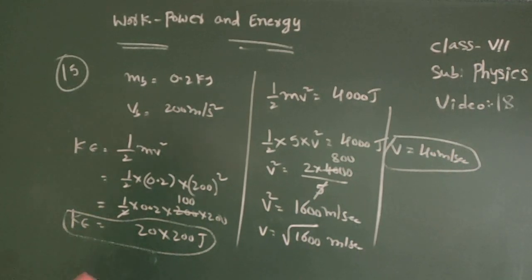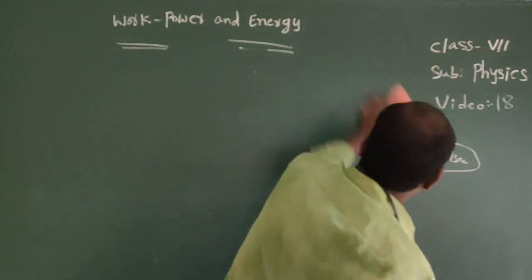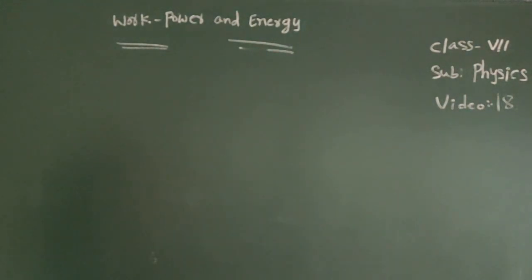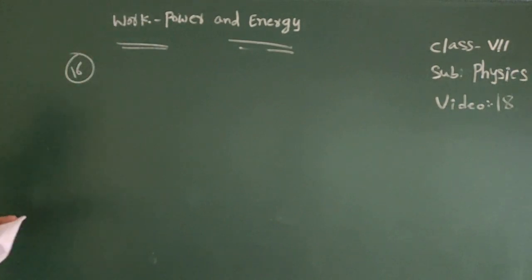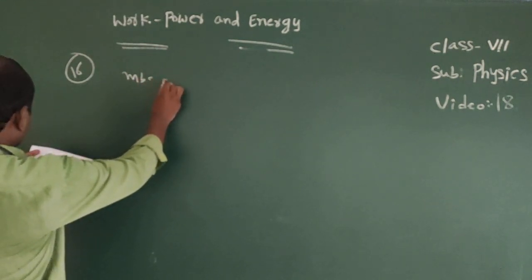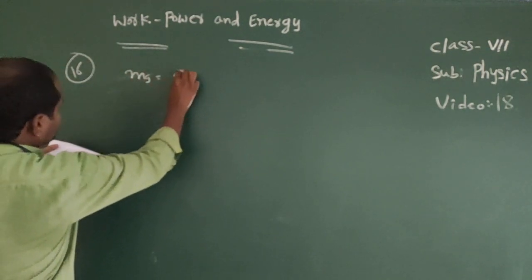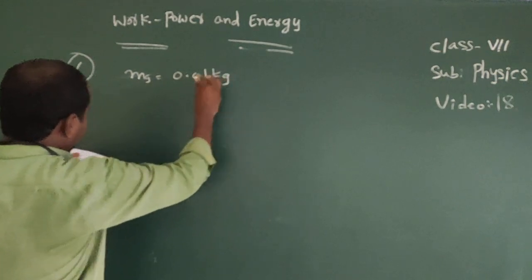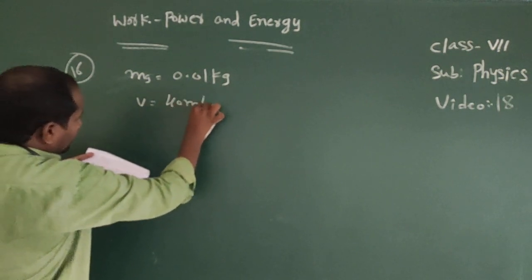Okay, so 16th one. Mass of the bullet of the air gun equal to 0.01 kg with a velocity 40 meter per second.